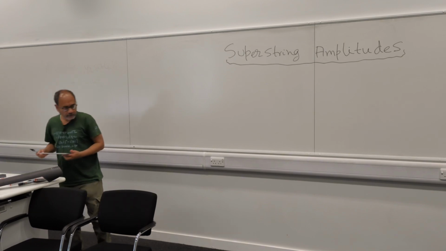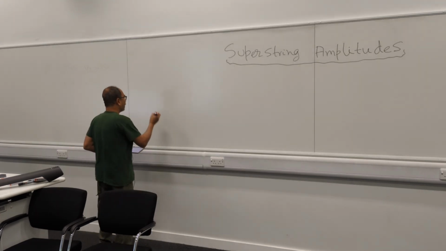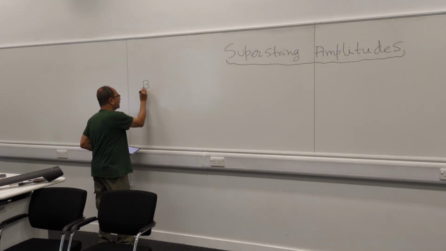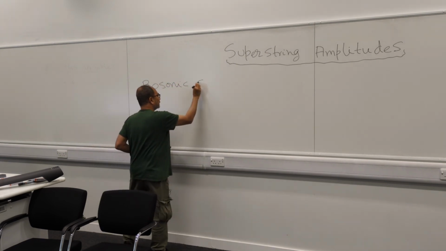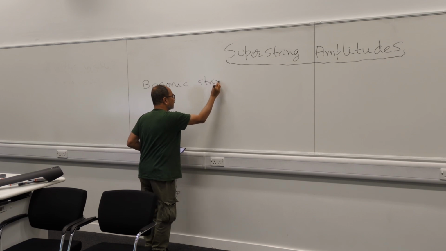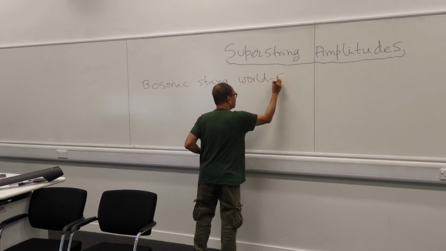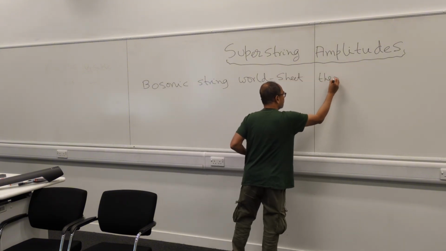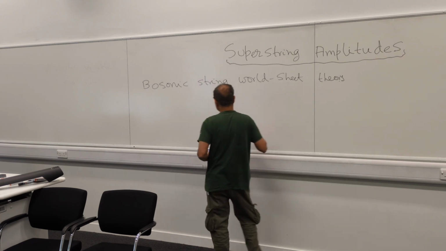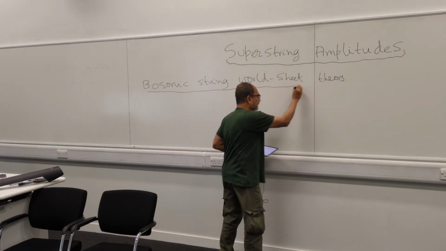So let me begin by a review of the bosonic string worldsheet. And this is usually developed in analogy with point particles.